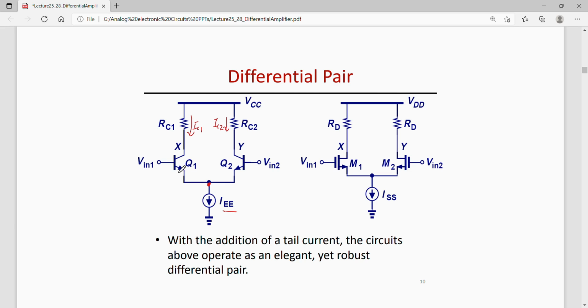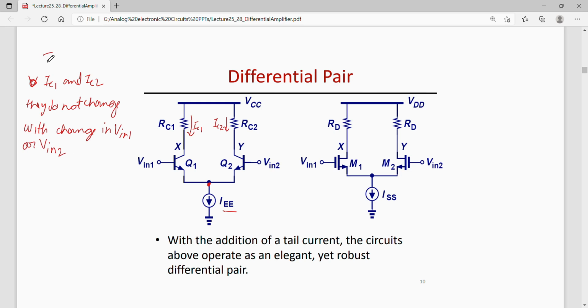So this ensures that IC1 and IC2, which are the collector currents, do not change with a change in Vin1 or Vin2.